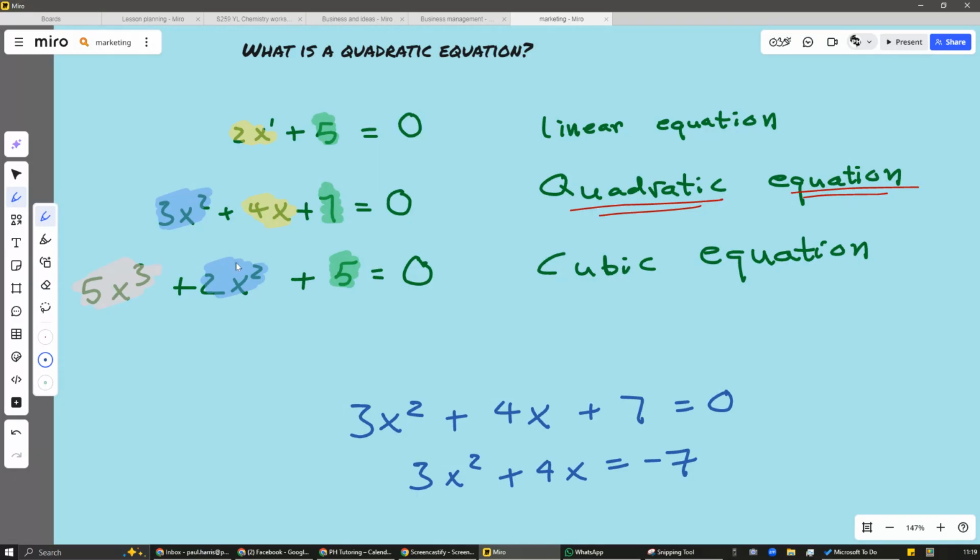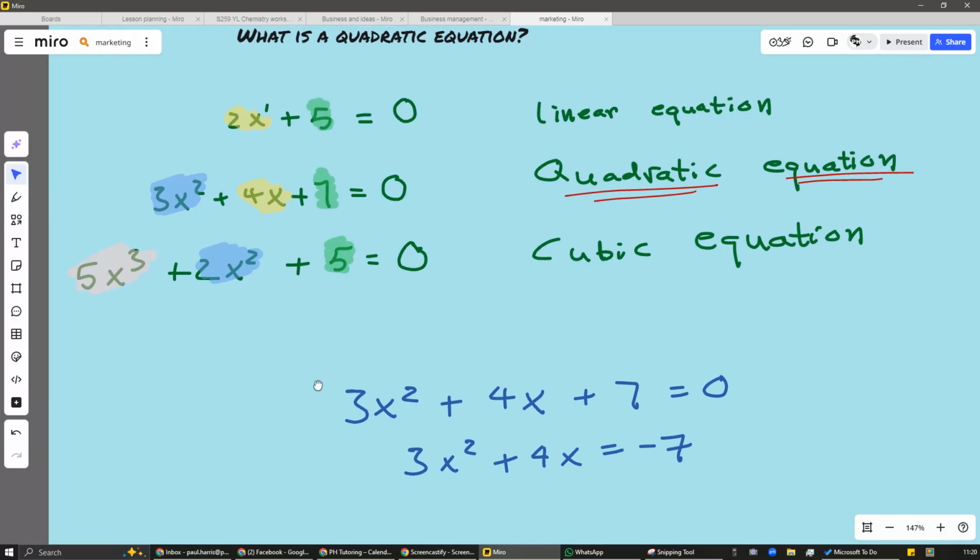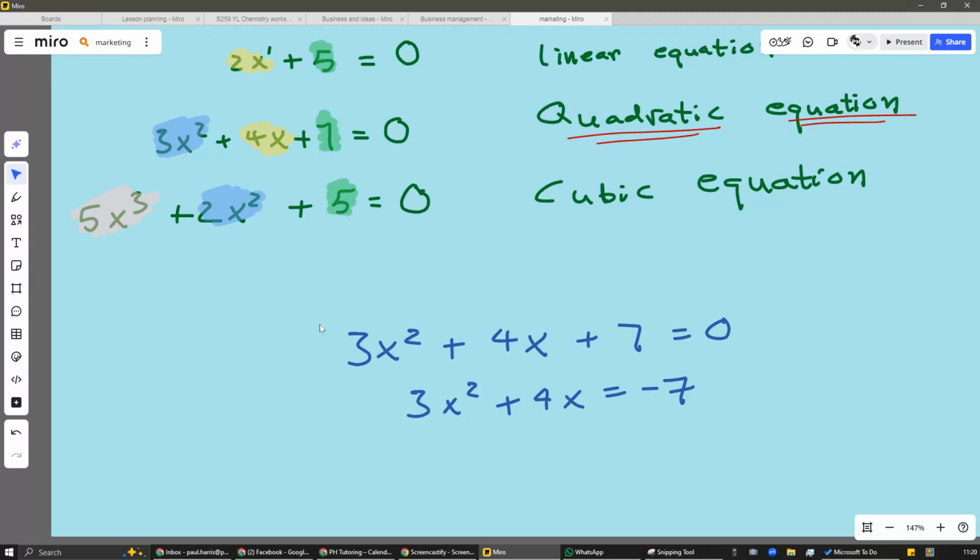Now, this is when people invariably make a mistake, and they might try to collect these terms even though they can't collect the terms, and they might say, for example, 7x squared is equal to negative 7, and go, oh cool, so that means that x squared is equal to negative 1. Actually, in this particular case, you're going to have a problem, because no square number becomes a negative number.